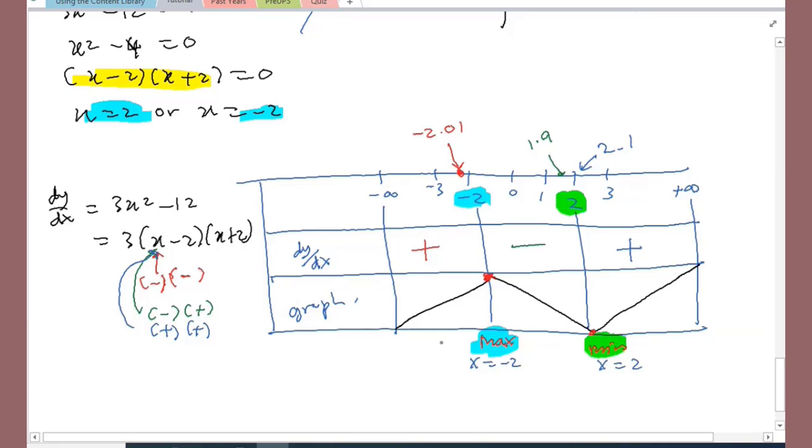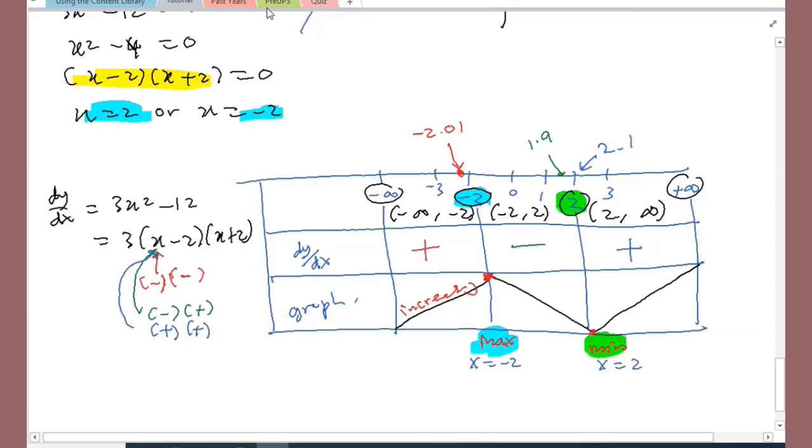Now, extra knowledge. This is for negative infinity to negative 2, and negative 2 to 2, and 2 to infinity. Within the interval negative infinity to negative 2, this is an increasing interval.